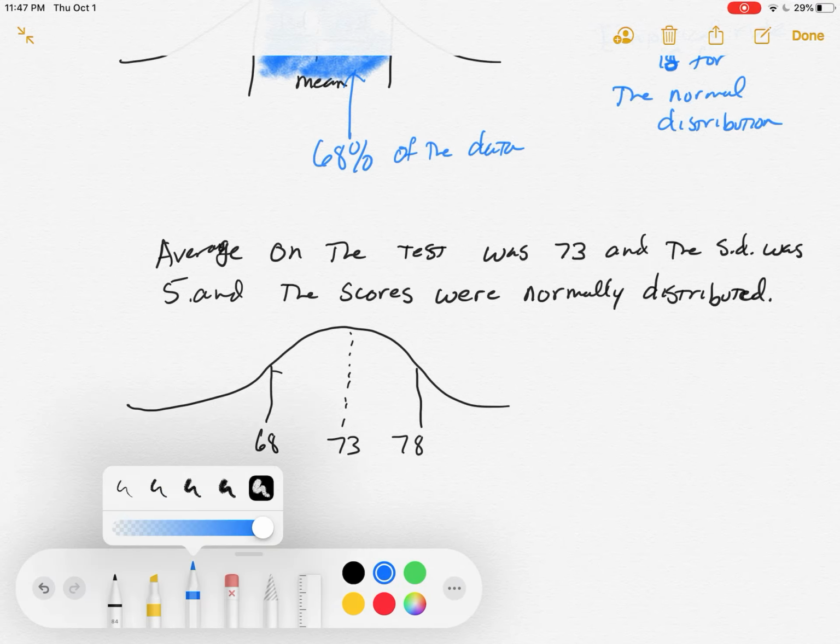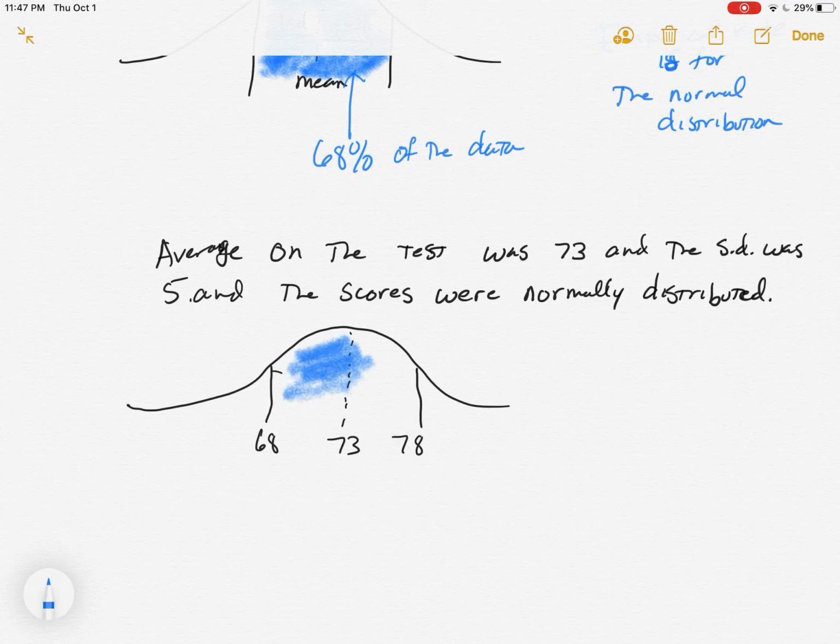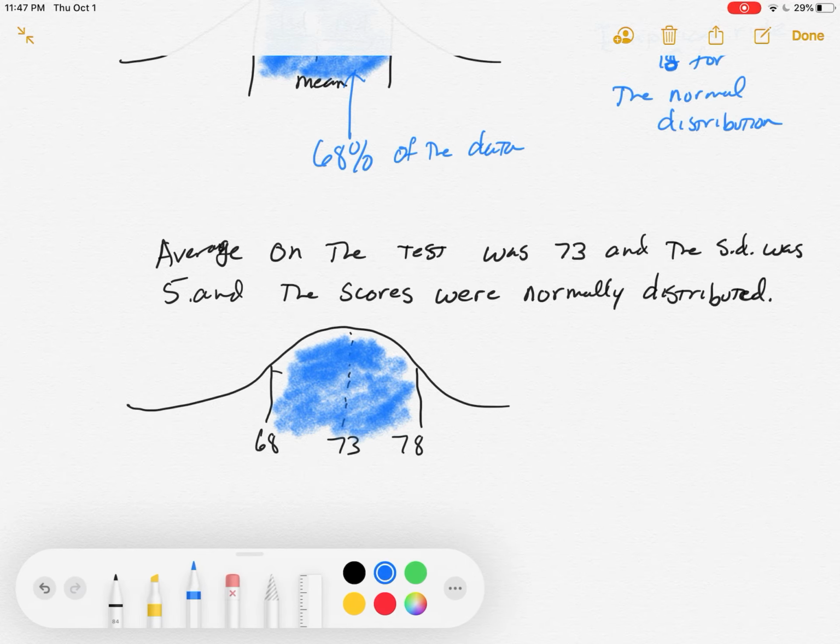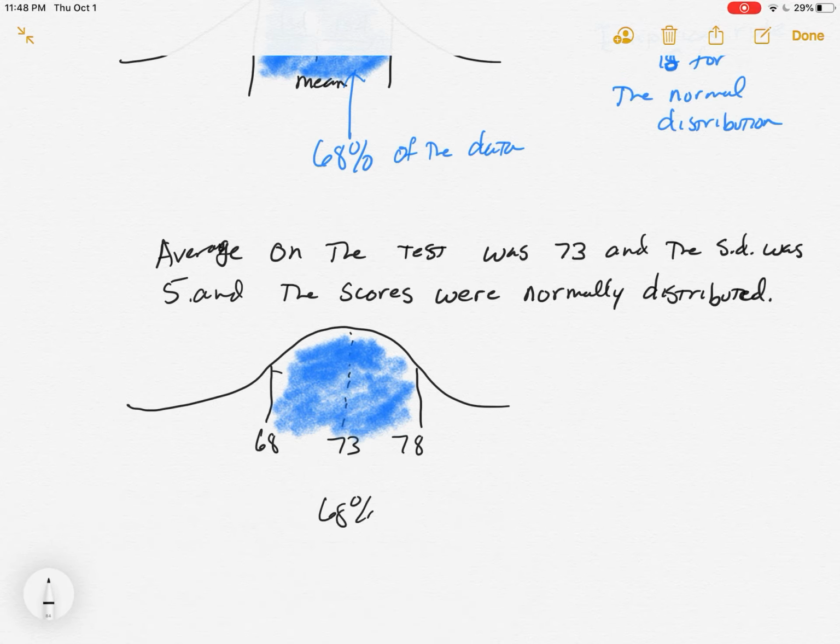So we would have been in this area right in here. 68% of the scores would be in there, which means that we have some left over. What's 1 minus 0.68? That's 0.32. So 32%. The other way I could have done it is just keep everything in percentages: 100% minus 68% is 32% left over.